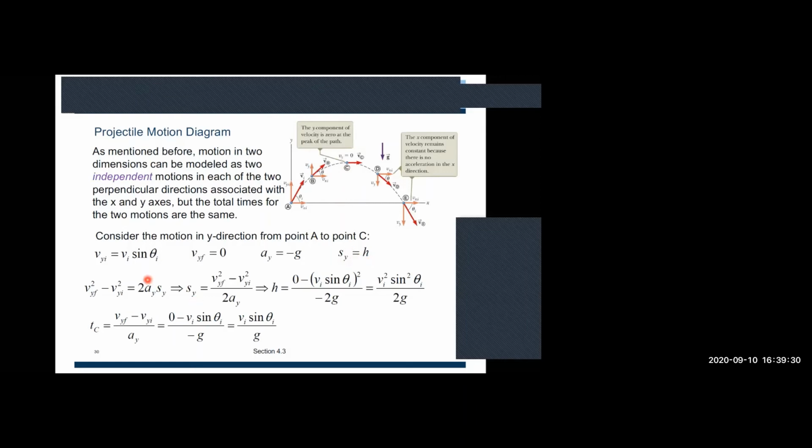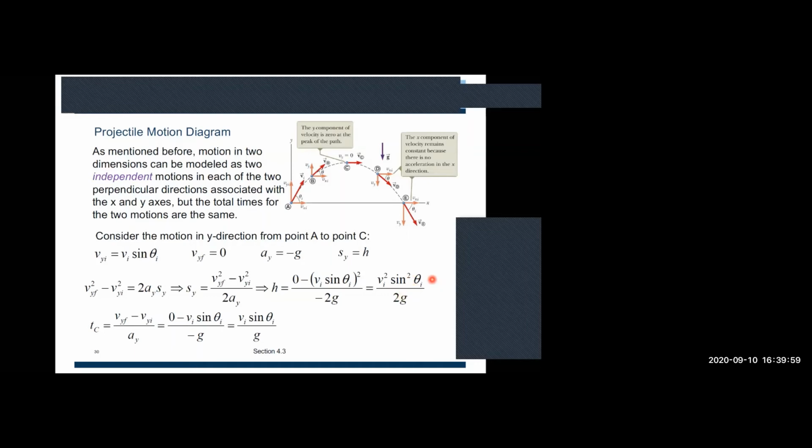You could then use the one-dimensional kinematic equations. For example, here we use Vf squared minus Vi squared equals 2a delta S. In this way, we calculate the displacement in the y direction, and this would help us to determine the maximum height reachable by the object.